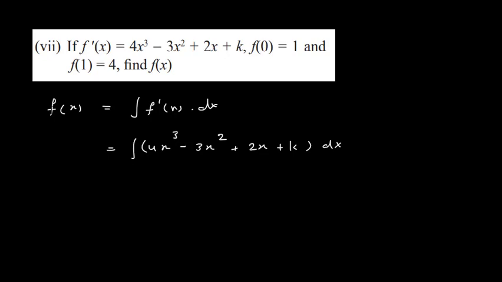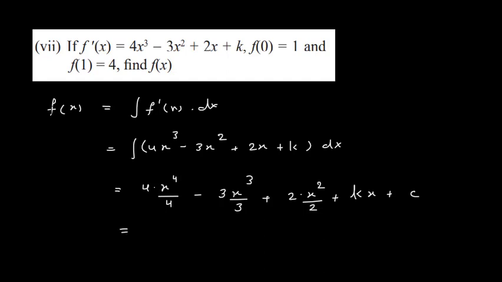Okay, so its integration is 4 into x power 4 divided by 4, minus 3 into x cube divided by 3, plus 2 into x square divided by 2, plus k can be written as kx, plus I will get one constant c.